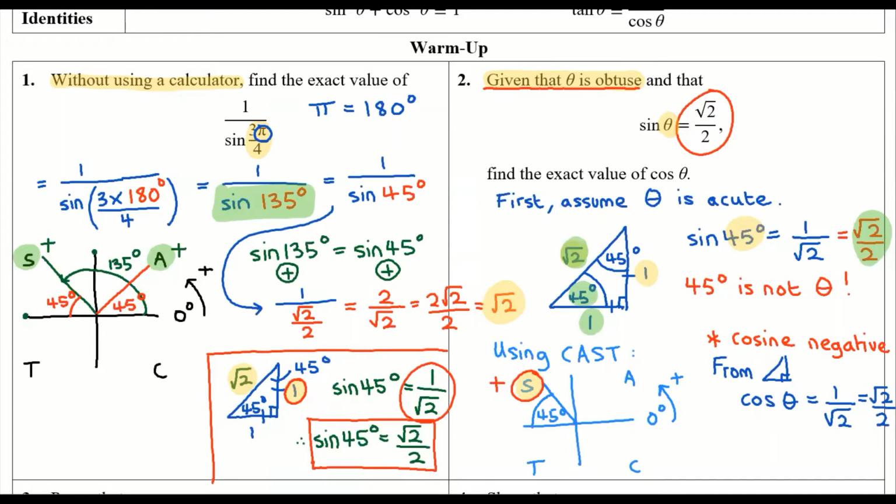But because we're dealing with the obtuse version, remember that's the acute version. Therefore, for obtuse theta, the cosine of that angle is just going to be the negative version of this. So it's negative root 2 over 2.